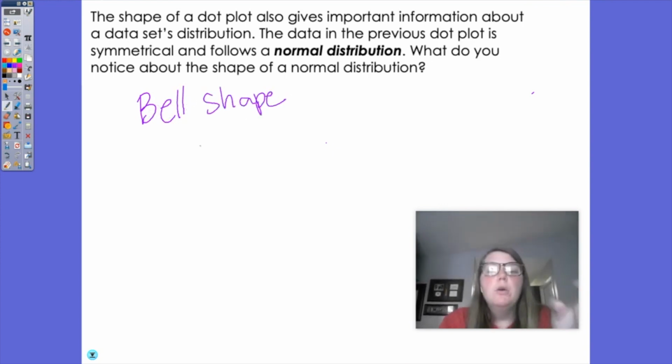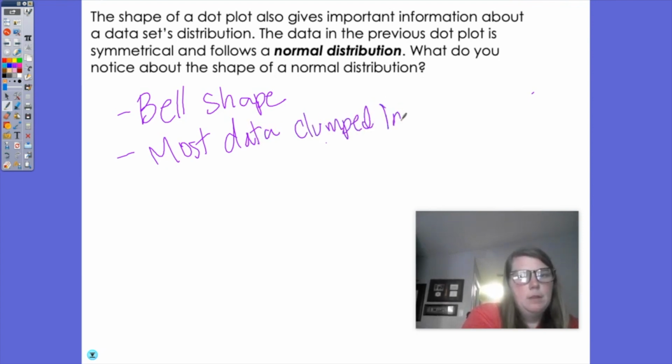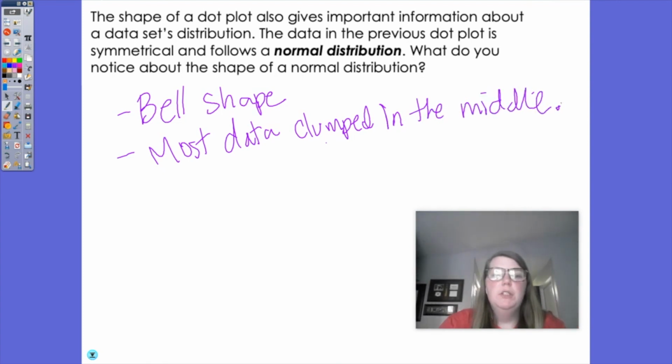You'll notice that most of the data values are clumped in the middle. So that's considered a normal distribution.